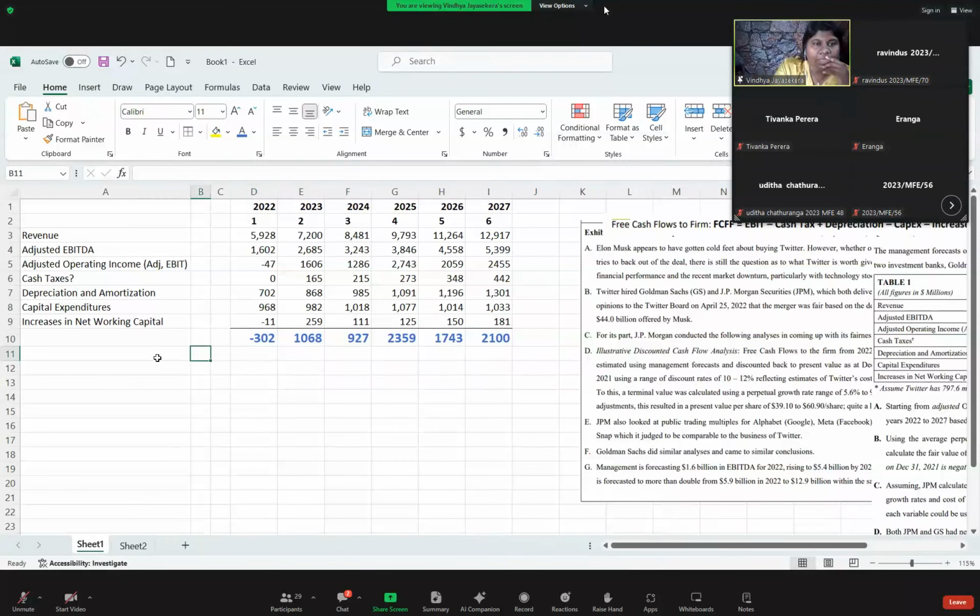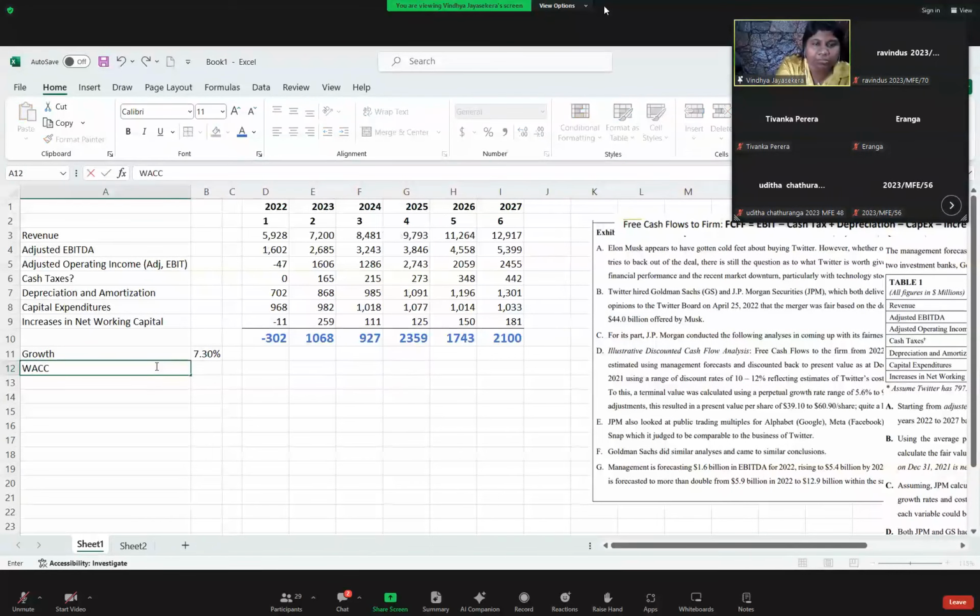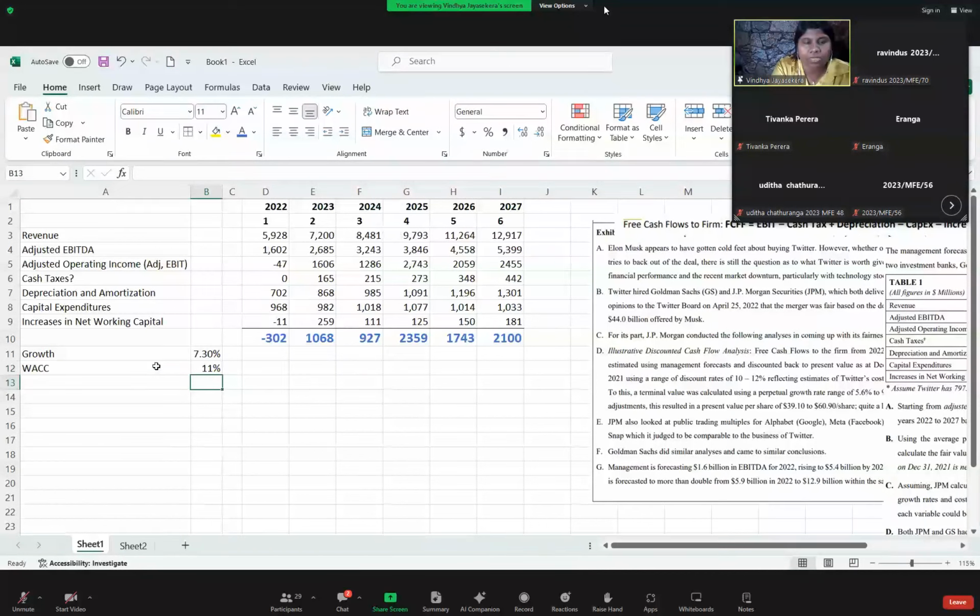Now in the second part, we use a perpetual growth rate of 7.3 and a discount rate, or in this case the WACC, of 11%. 11%, right?